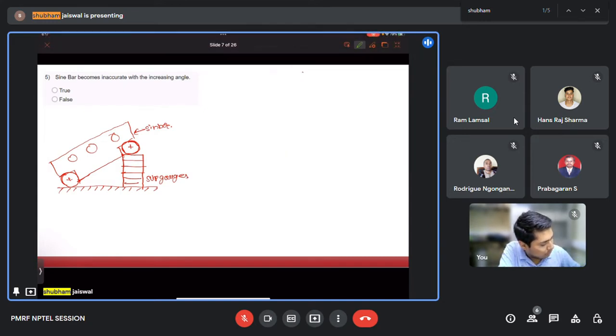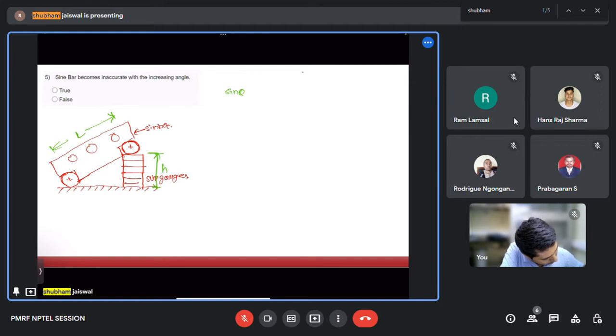So this height is H, and the length of the sine bar, that is the distance between the two rollers, is L. If I calculate the sine of this angle theta, the sine theta will come out to be the opposite side over the hypotenuse, that is H by L. So sine theta is H by L.